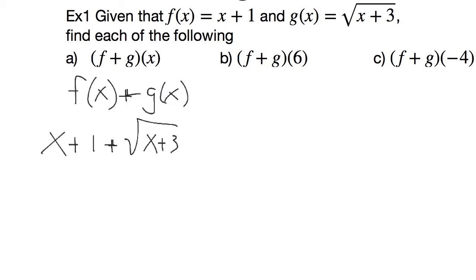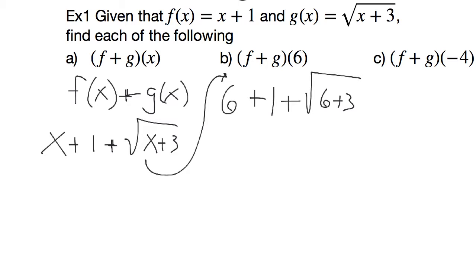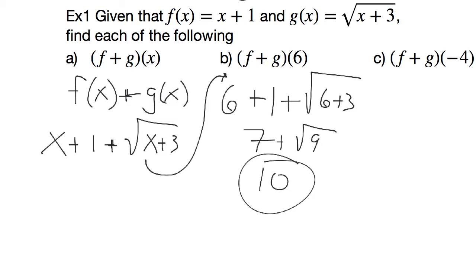And carrying that work further, if you wanted to find (f plus g) of 6, then it would be 10. You can get that two ways. You can find the function first, like we did, and then plug 6 into it.